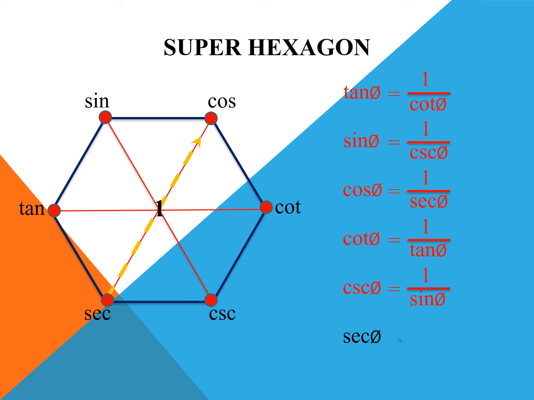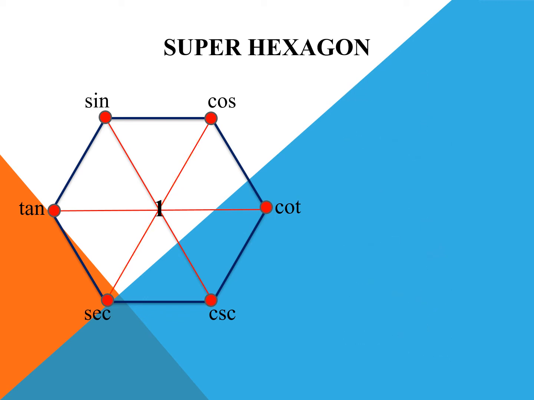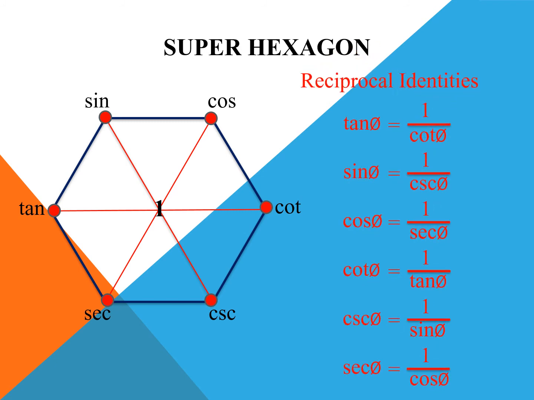And last, secant theta is equal to 1 over cosine theta. And those are the reciprocal identities.